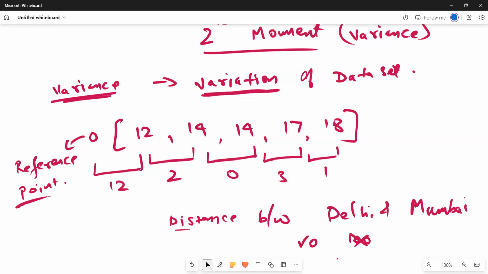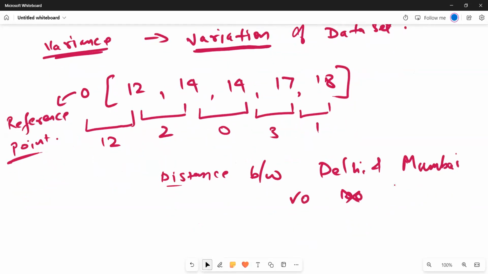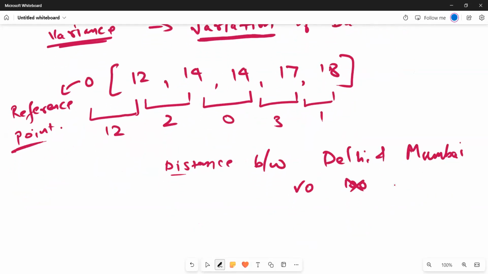You'll always start the counting from 0. Let's say you come up with 1200 kilometers. If you say that the distance between Delhi and Mumbai is 1200 kilometers, you've landed on this just because the counting had been started from zero.